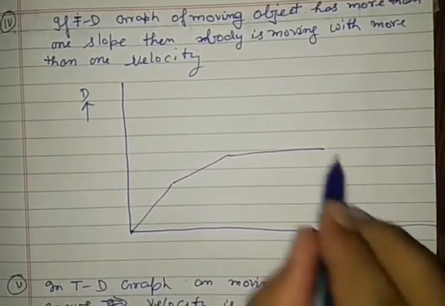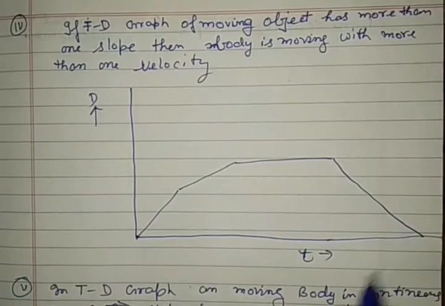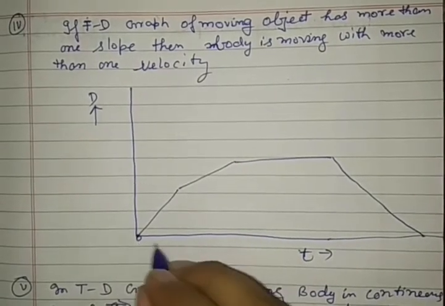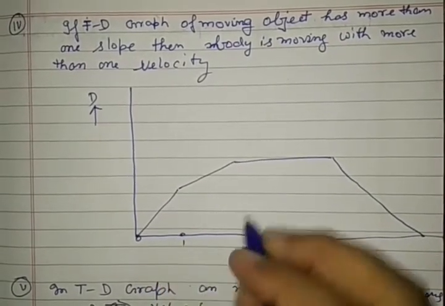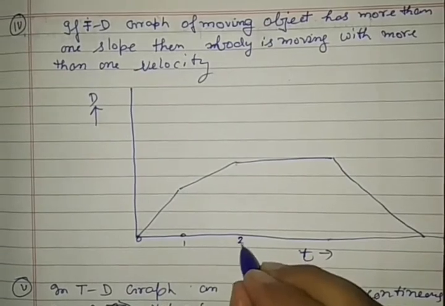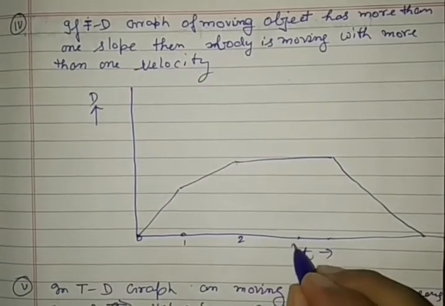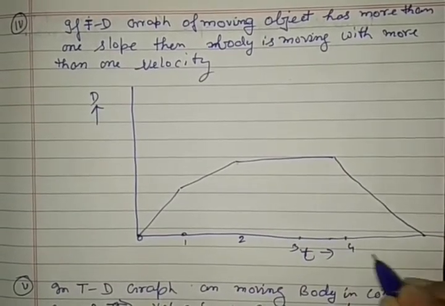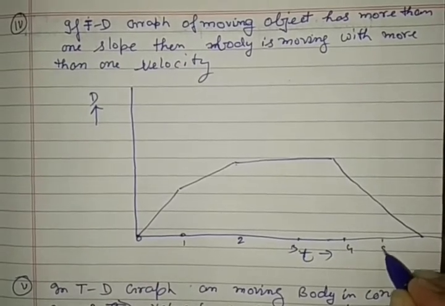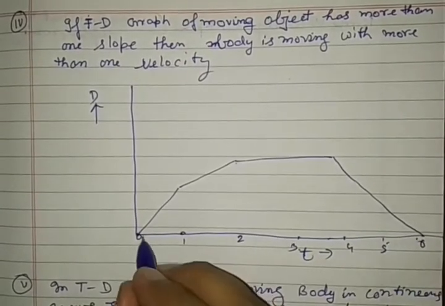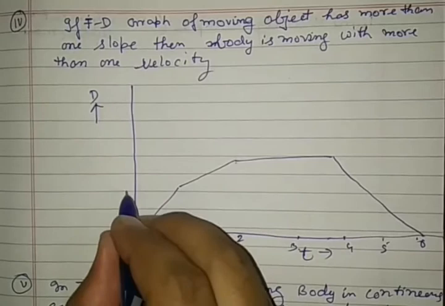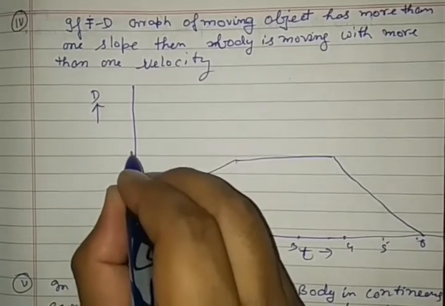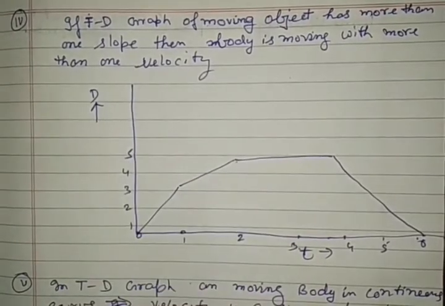Here we take 0, and this is 1, 2, 3, 4, 5, 6, and so on.